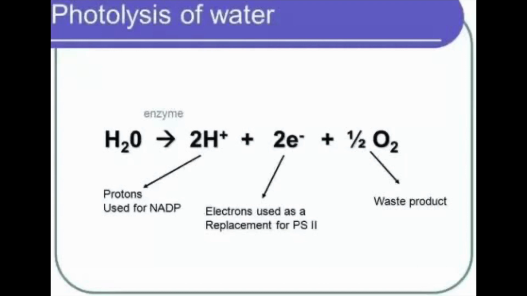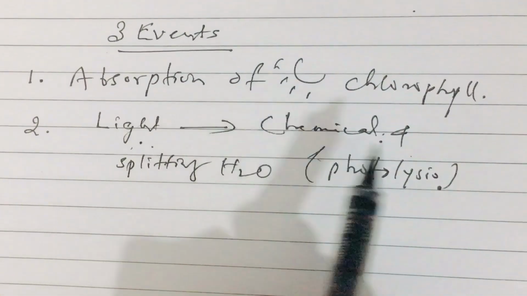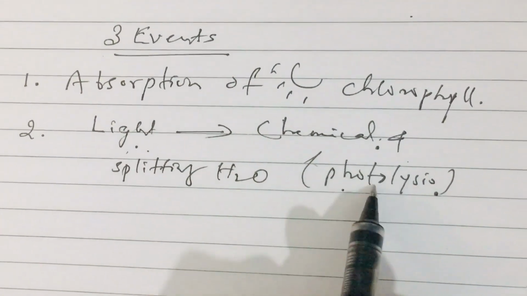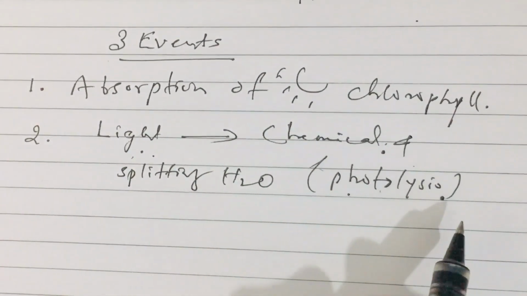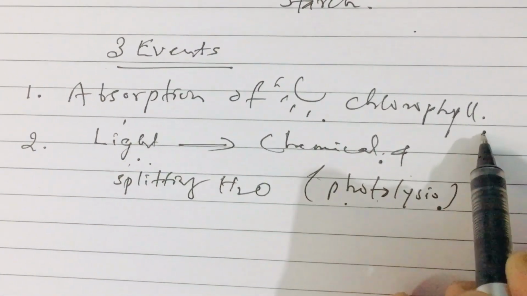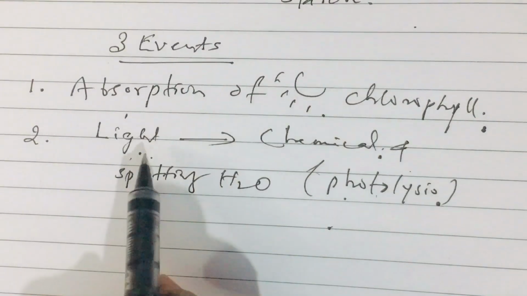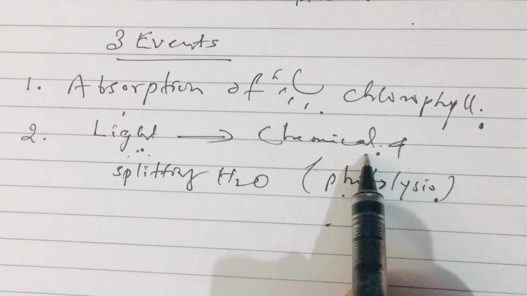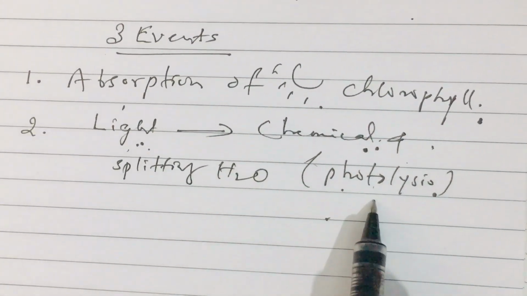You know that a chemical reaction where light is used for splitting water is known as photolysis. So photolysis is the other word you can use here. Photolysis and conversion of light energy into chemical energy is the second event in photosynthesis. Absorption of sunlight by chlorophyll is the first. Thereafter, conversion of light energy into chemical energy and photolysis.